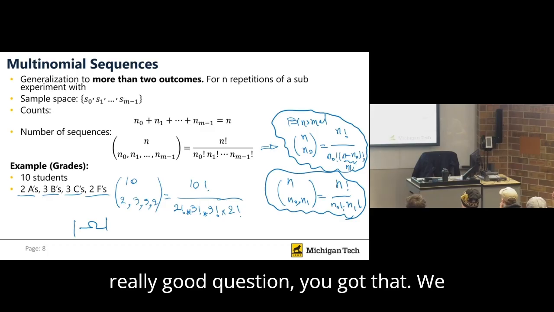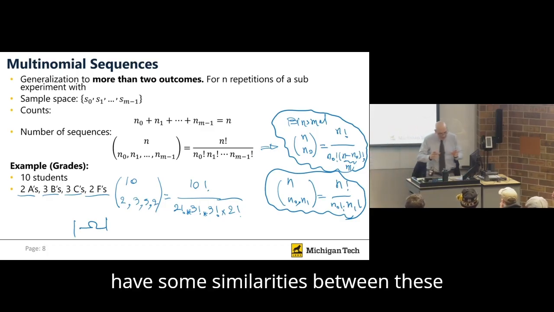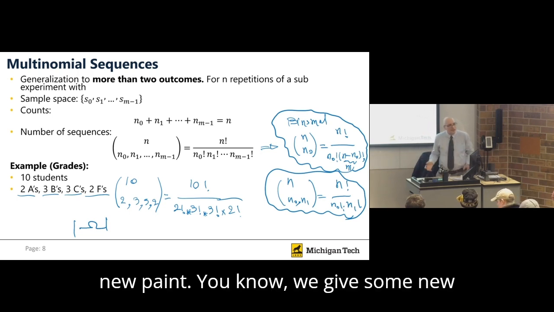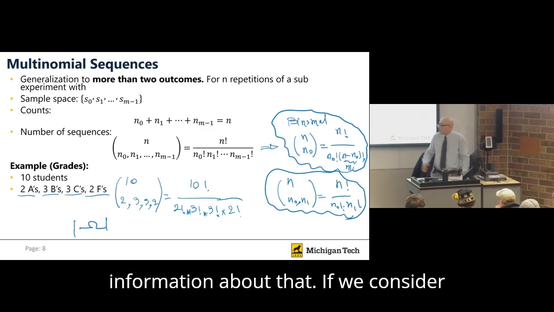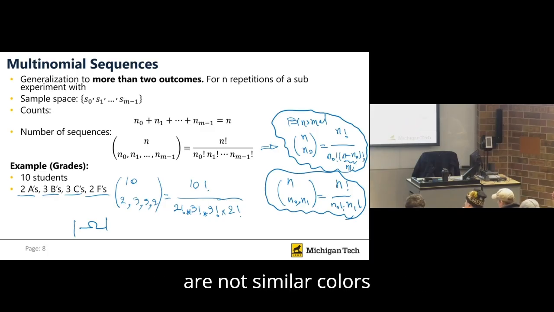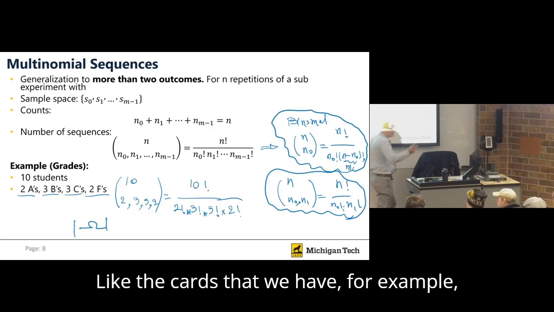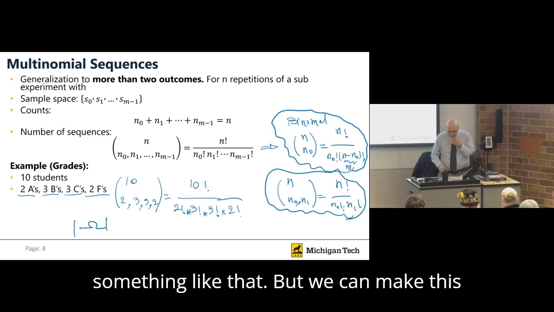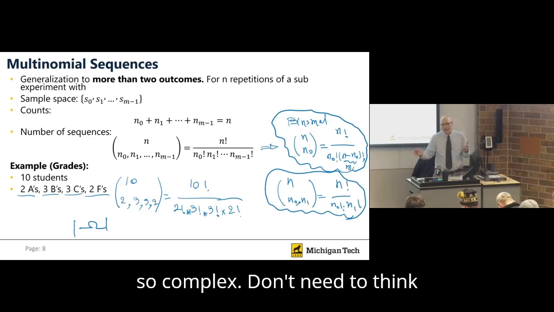You got that. We have some similarities between these trials, and we categorize them in a new thing. You know, we give some new information about that. If we consider these marbles have numbers on them, they are not similar colors anymore. They are different. Like the cards that we have, for example, queens, but different queens. But we can make this so complex.